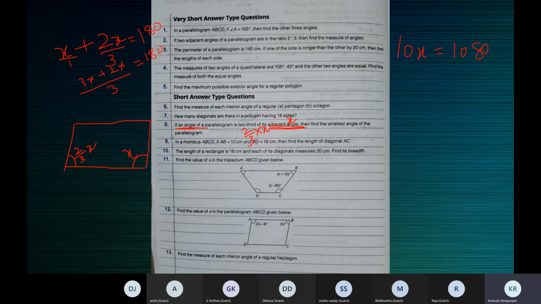Then the other angle will be 2 by 3 into x or 2x by 3. And the property is adjacent angles are supplementary. So you should add and equate to 180. X is equal to 108 and 2/3 of x will be 72. The question asks for the smallest angle of the parallelogram. So it will be 72.